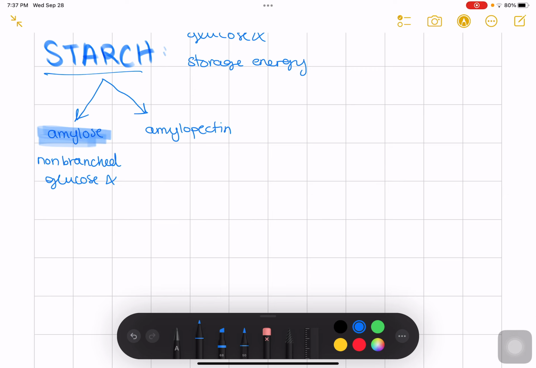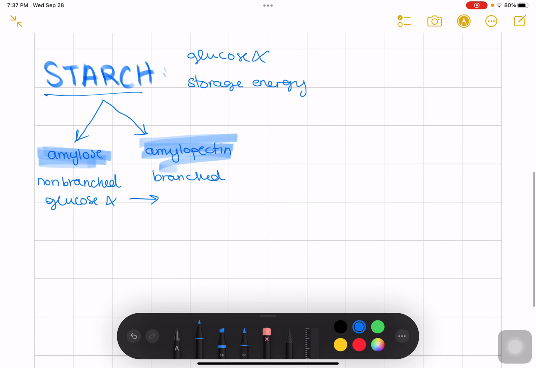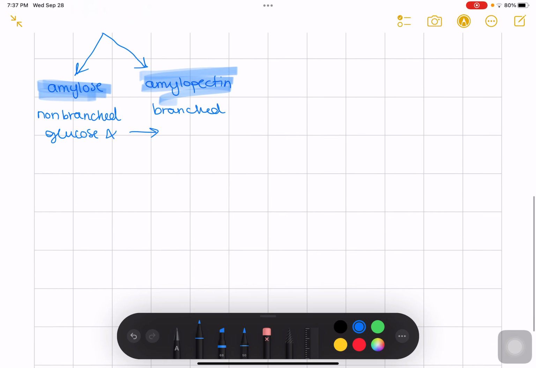Amylopectin is the branched. So basically in branch, it won't go straight like this. It's not exactly like that, but it's not straight. It's not linear. So that's amylopectin, it's branched, and it's also glucose alpha. And yeah, that's basically what you need to know about starch.